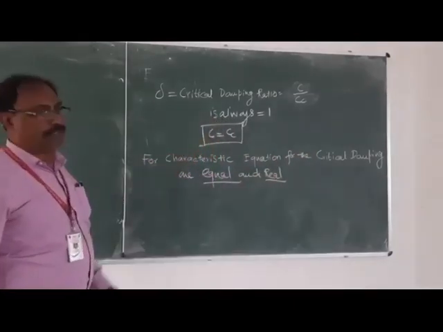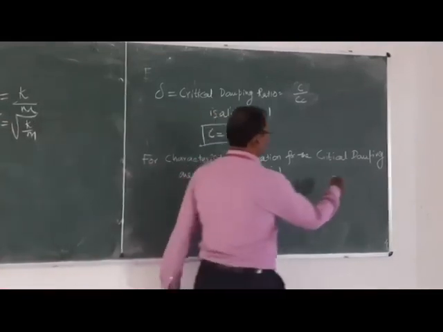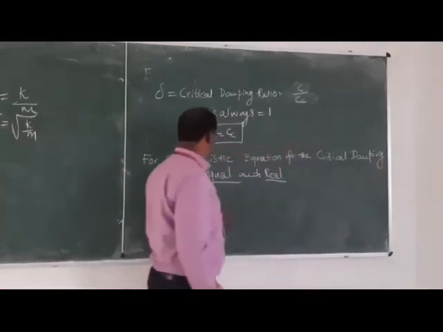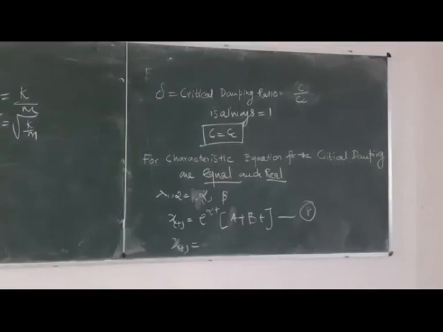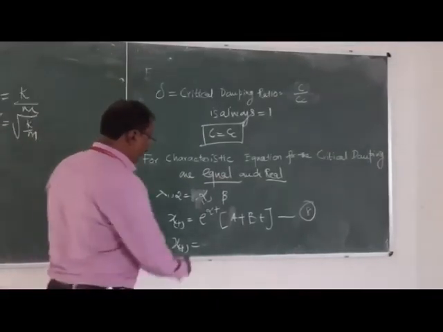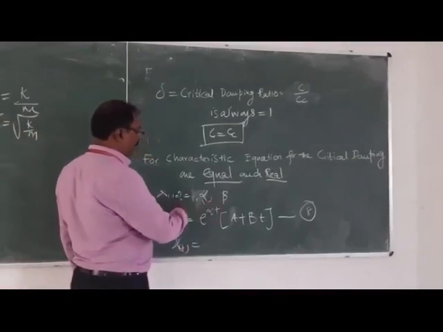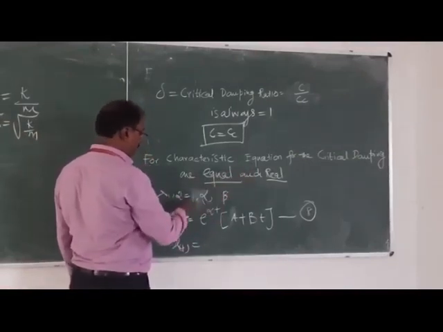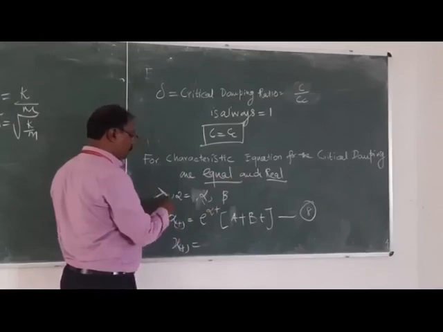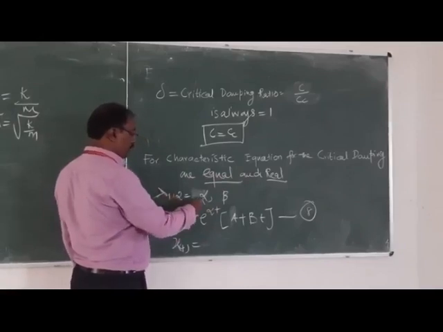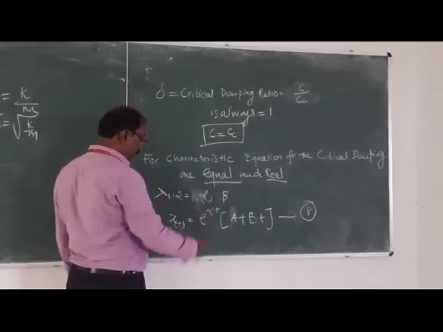The characteristic equation roots for critical damping are equal and real. Hence the first root is alpha and the second root is beta.